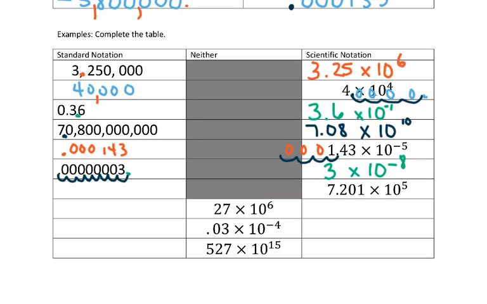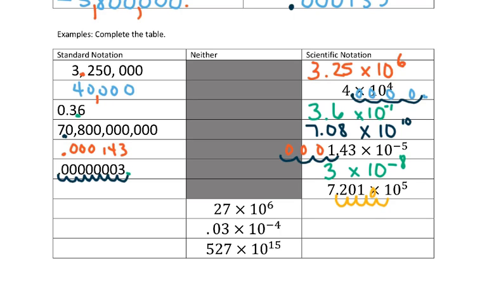Alright, the last one, I have a positive 5. So that means that this number is very big. So I need to move the decimal point 5 times to make it bigger, and it goes this way to make it bigger. So we're going to move that decimal point 5 times. 1, 2, 3, 4, 5.